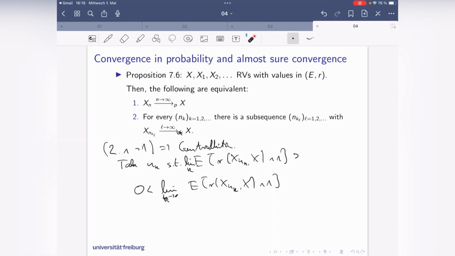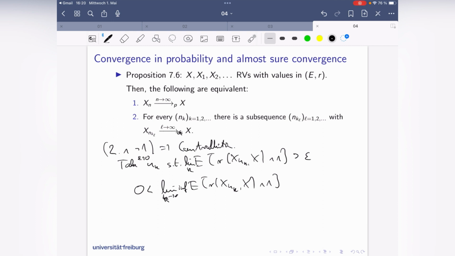So this limit is bigger than 0, but just to be sure, I can also take an epsilon bigger than 0, and the limit here is bigger than 0. I can also say the lim inf is then also bigger than 0, like this here.